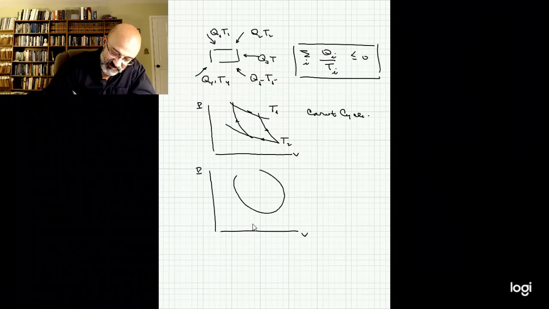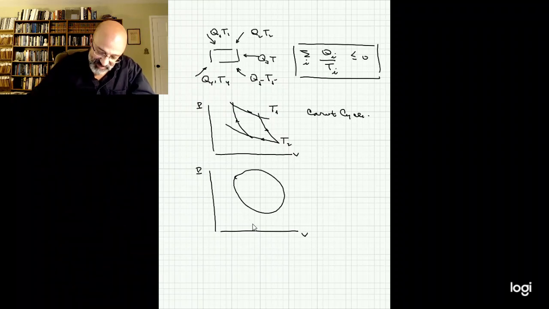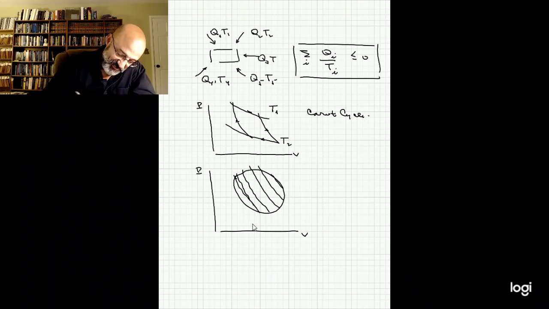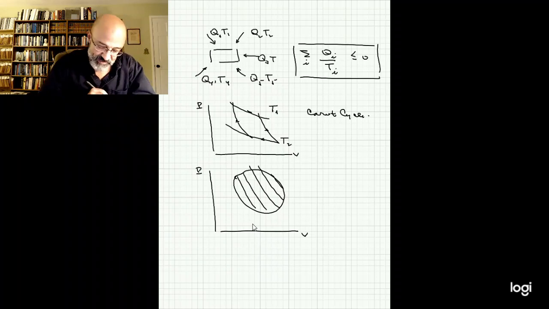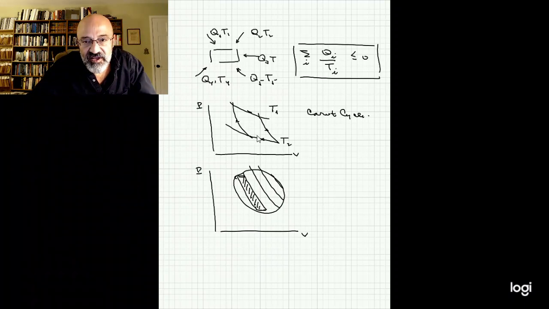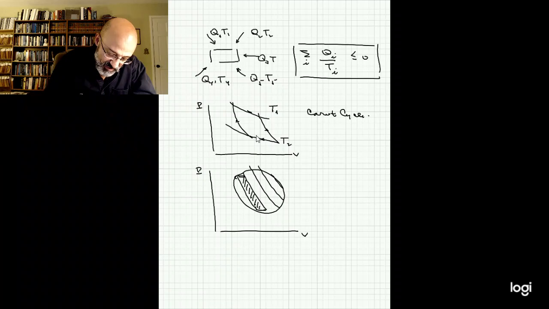What happens if you have a more complicated cycle like that? Well, nothing prevents you from drawing the adiabats. My picture here is kind of messy. Let me see if I can do this. Something like that. And then you say, look, this guy here corresponds to one of these Carnot cycles.